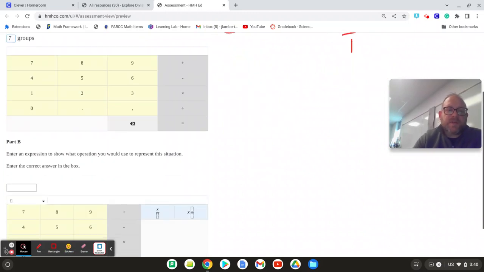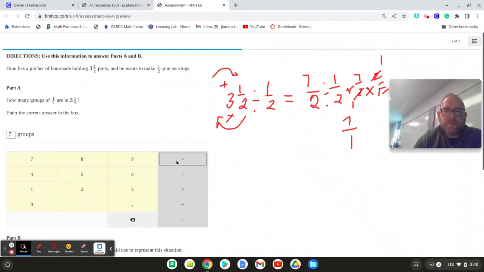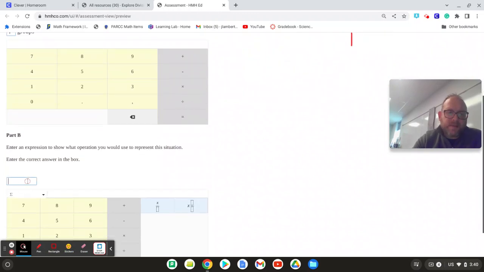The expression we used to do this was 3 1/2 divided by 1/2.